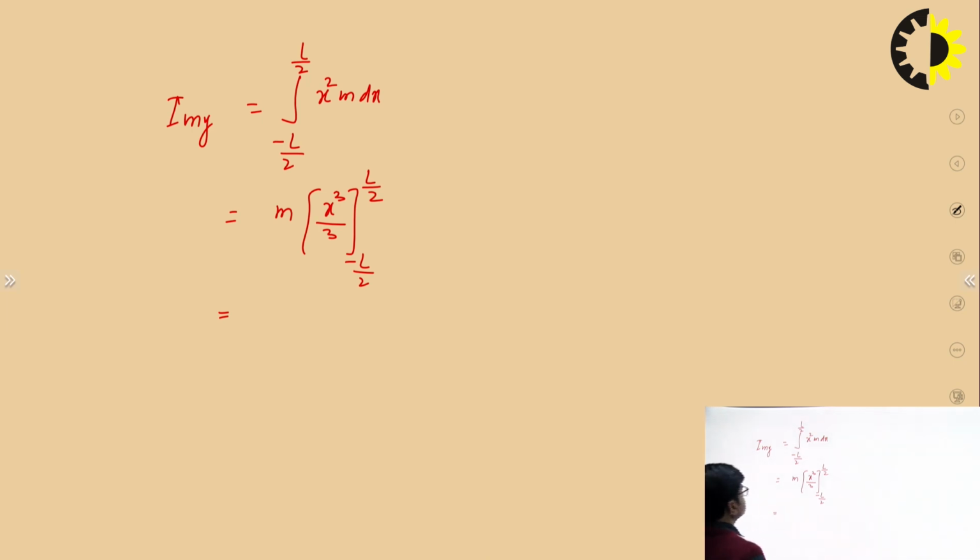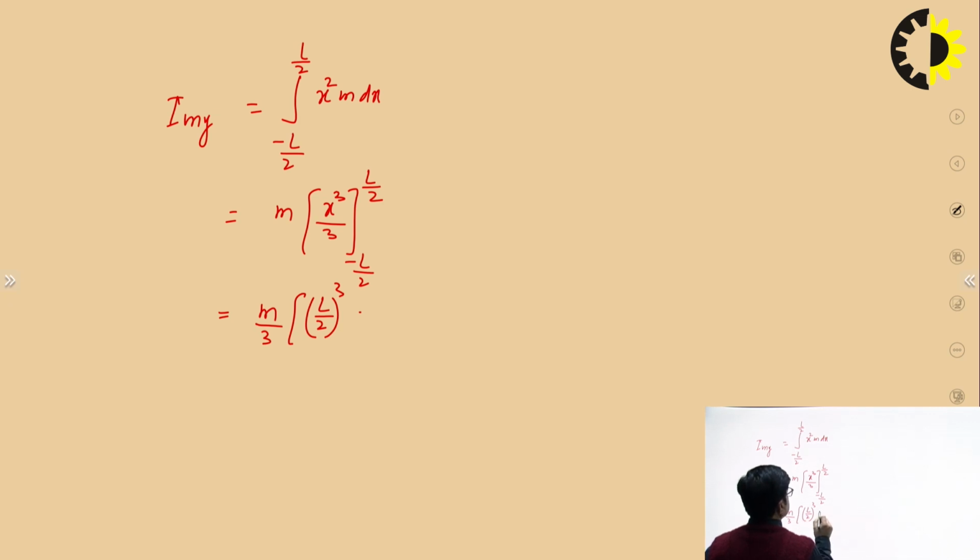So, here m, L by 2 whole cube upper limit, take 1 by 3 out of the bracket, minus minus L by 2 cube.